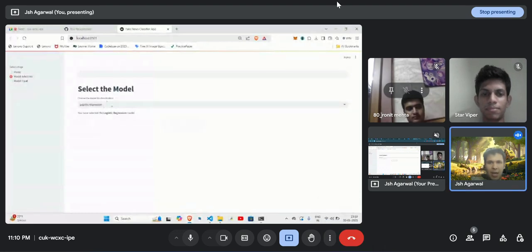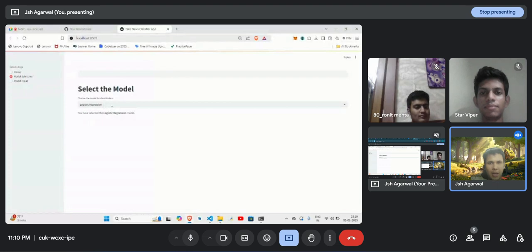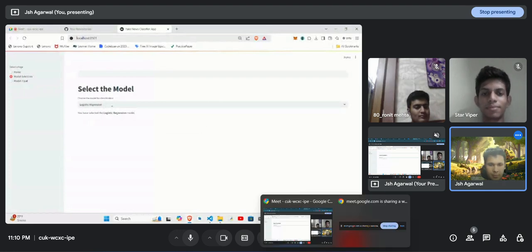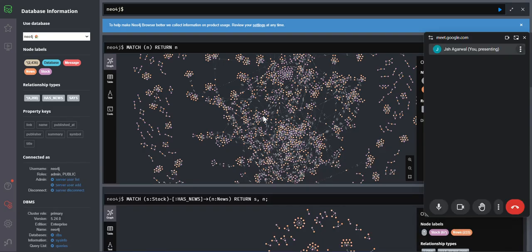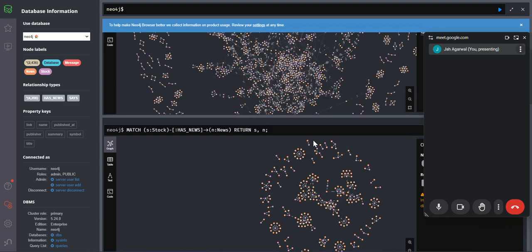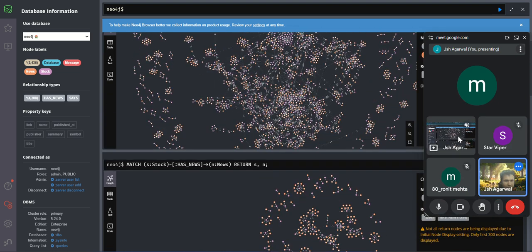Hello guys. As my friend mentioned, we have implemented a knowledge graph based application, and as you can see on my screen, this was the graph database that was collected.